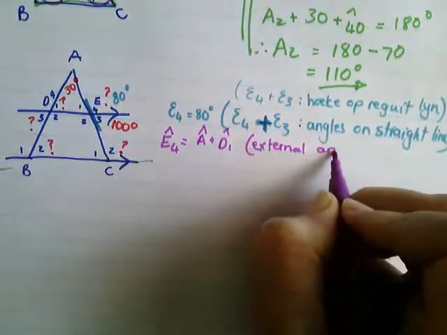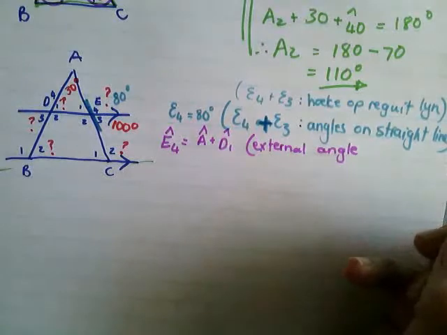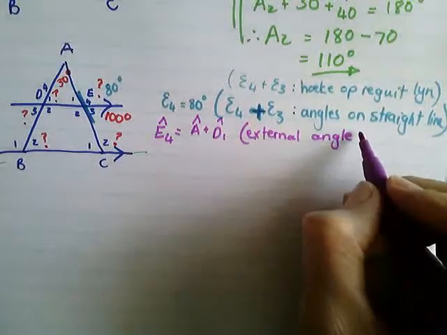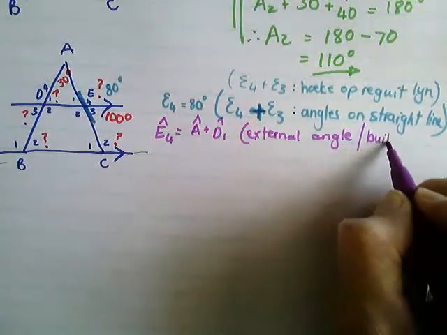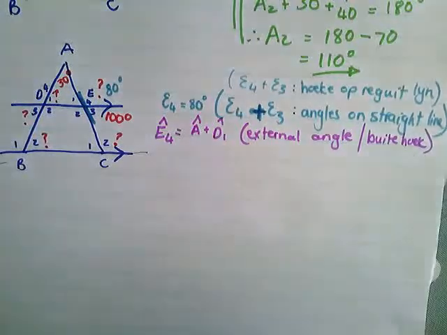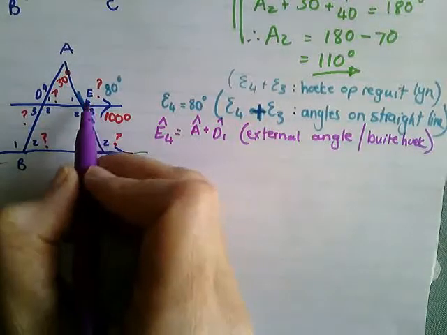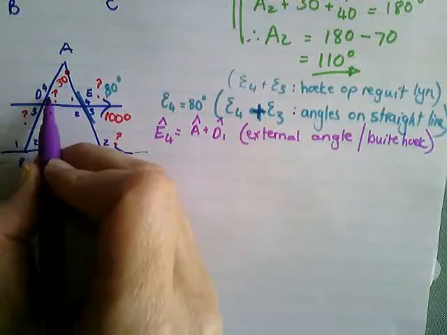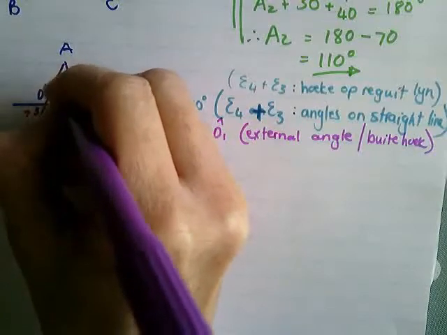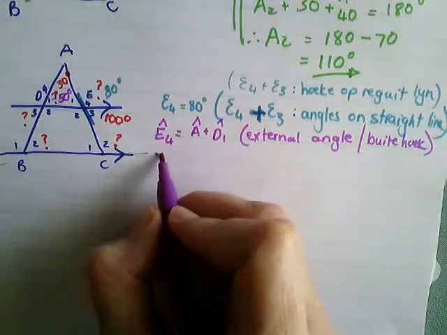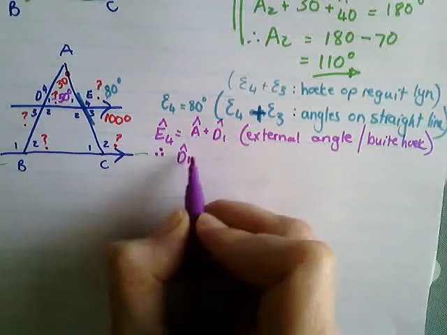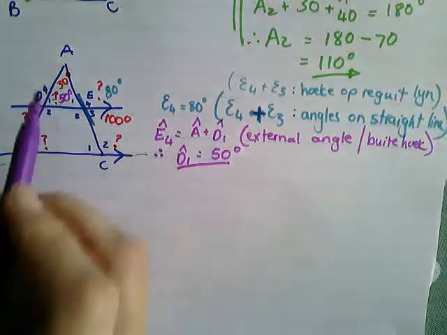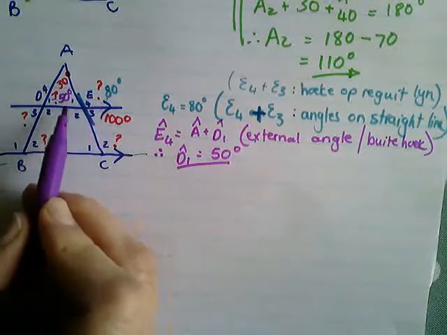And an external angle is equal to the sum of the two opposite angles. So, jy gaan net sê van dis 'n buitehoek van 'n driehoek. Okay. So because this one is 80, that's 80 is 30 plus that one. So this has to be 50 degrees. So therefore, dis hoek D1 is 50 grade. D1 is 50 degrees. Why? Because 50 plus 30 gives you 80.